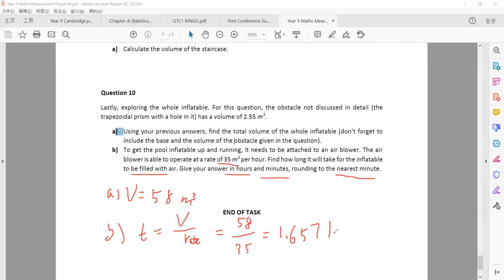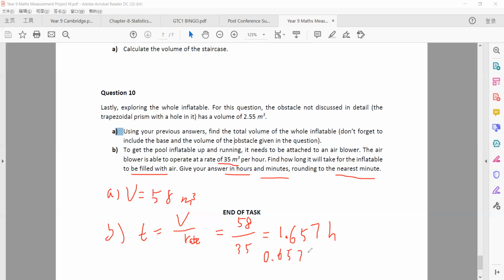That gives me an answer of 1.657 hours. So how can we convert it into hours and minutes? We know it's 1 hour, so we do not worry too much about the hour. But for minutes, we use 0.657, because 1 hour is 60 minutes.